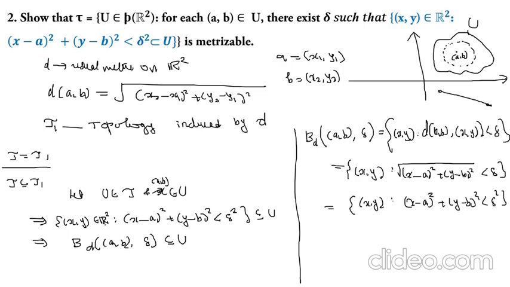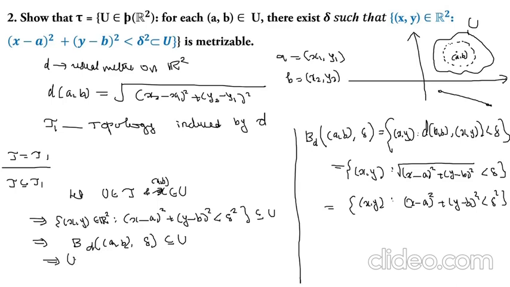So instead of this set we can write it as the open ball with the center (a, b) and radius delta subset of U. That is, we take any point (a, b) from U, there is an open ball with the center (a, b) and radius delta contained in U.